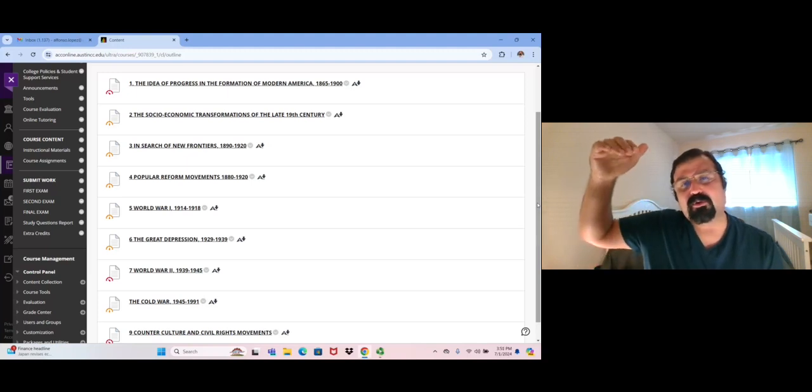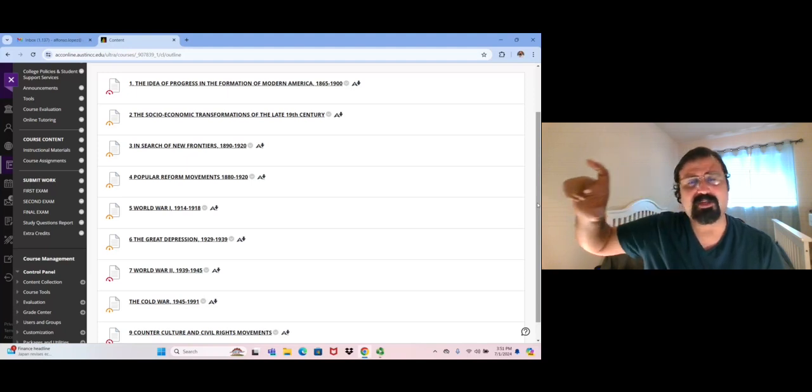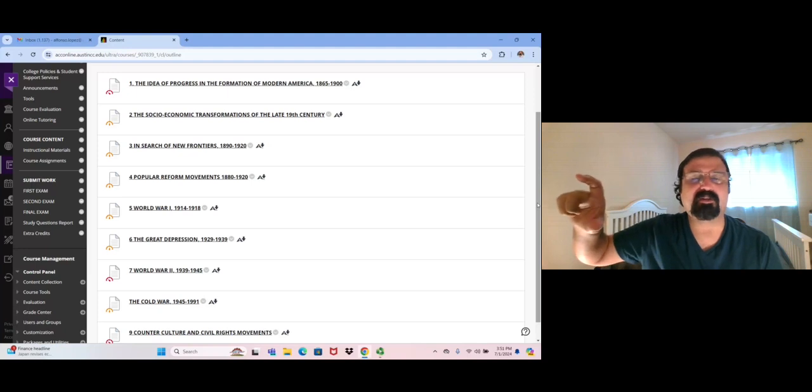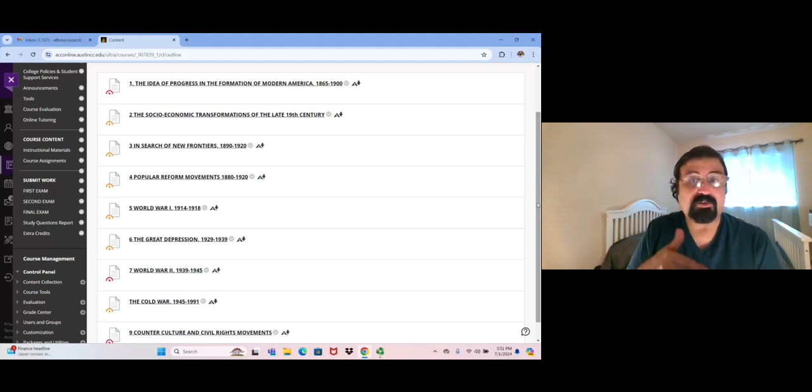Now, when you scroll all the way down, on the very last page of that outline, you're going to see a series of questions there. If you're asking, well, what are those questions about? Those are the study questions. Those are the questions that will appear on the exam. Those are the exact questions that will appear on the exam.